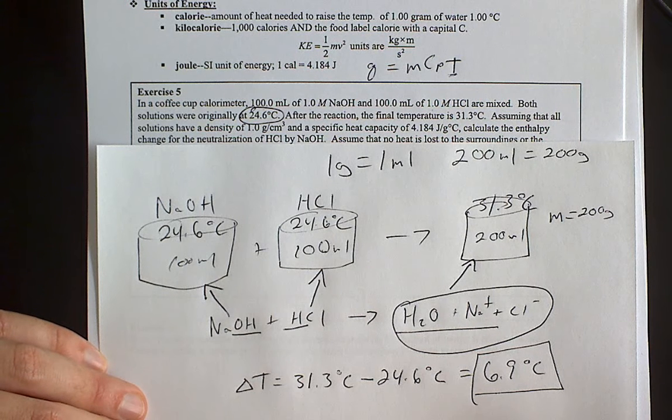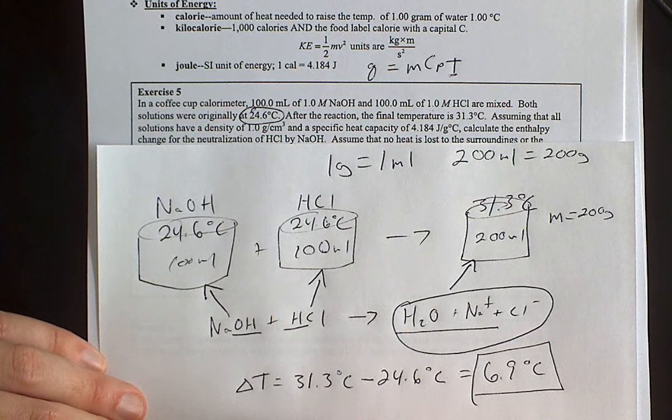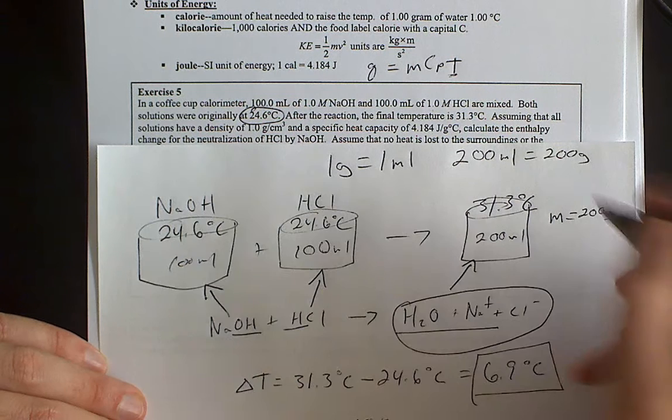Now, if they give you in Kelvin, you can do it in Kelvin too, because 1 degree Celsius in change equals 1 degree Kelvin in change, okay? So when we're talking about change, delta T can be in K or C. It doesn't really matter because they're going to be the same, okay? So this is our mass.